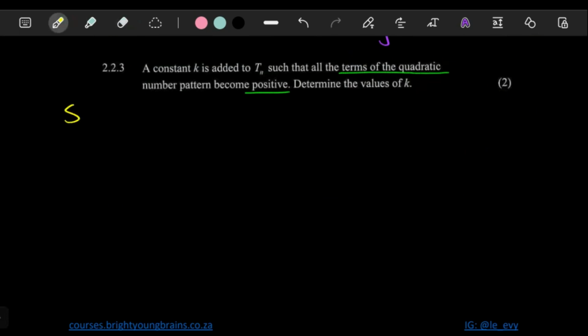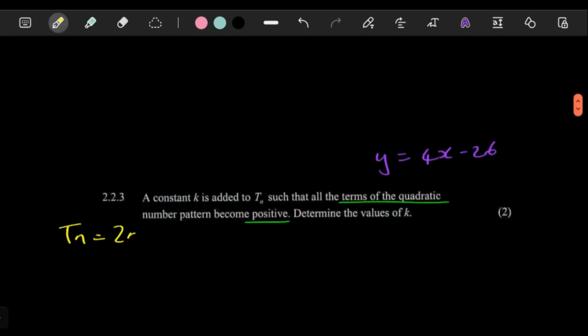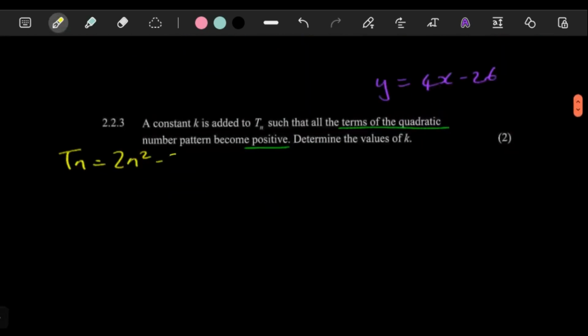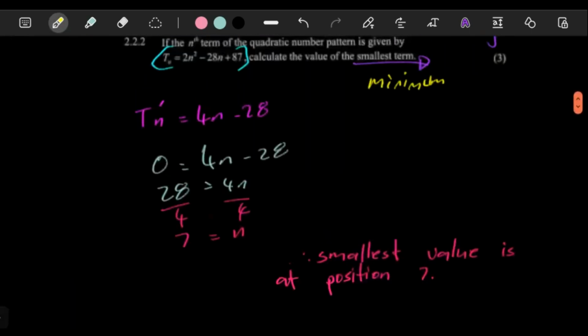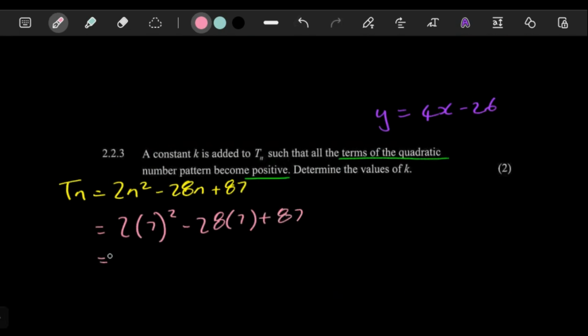Tn, they say, is equal to 2n squared minus 28n plus 87. Now this is a 7 squared, 87. So let's see what this gives us in the calculator.